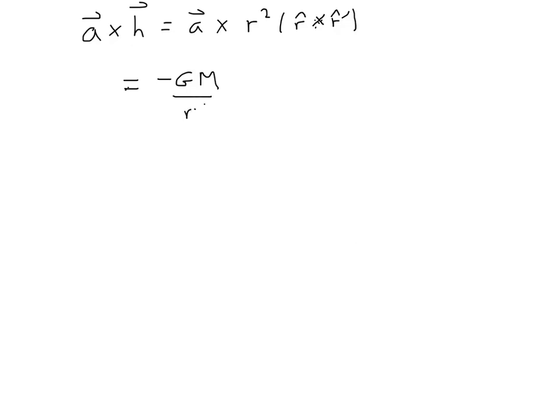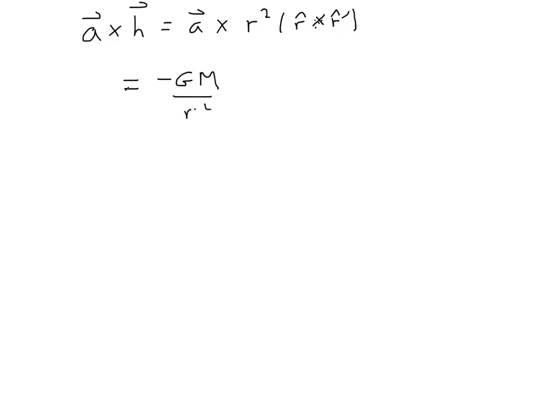So now consider the vector a cross h, and we'll use what we did just before to simplify the h part and replace it with the r squared r hat cross r hat prime. And then we can also simplify, we had the equation for a before using Newton's law of gravitation, so we'll replace that because that also has an r hat in it.